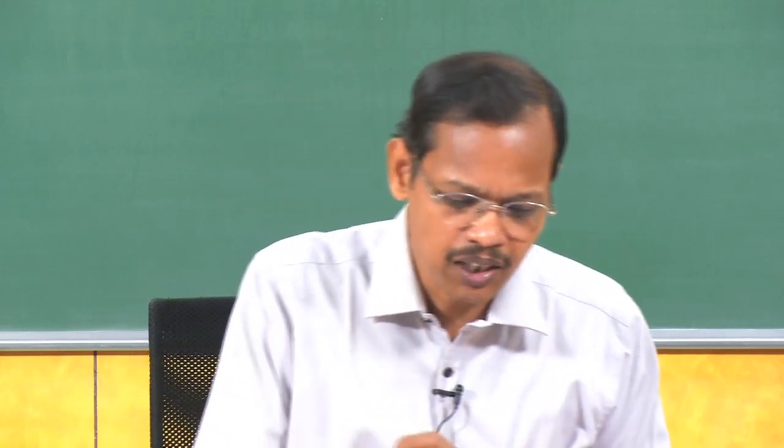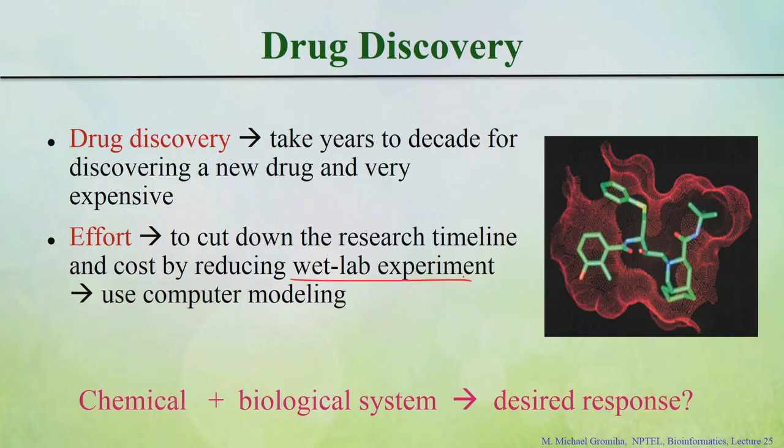So, if we start everything from the experiment, doing the wet lab experiment from the beginning, it involves a lot of time; it is a big process. To reduce the number of samples and the probable potential compounds, we can use computer modeling to screen the probable compounds which could act as lead compounds.